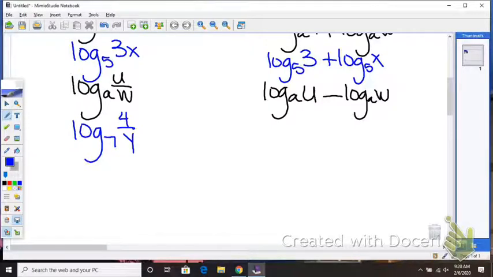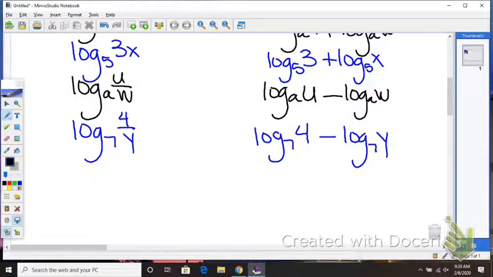So if I expand that, I have log base 7 of 4 minus log base 7 of y. Good so far? So split it up, make it minus.